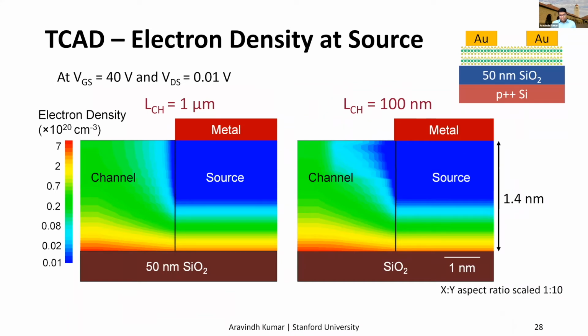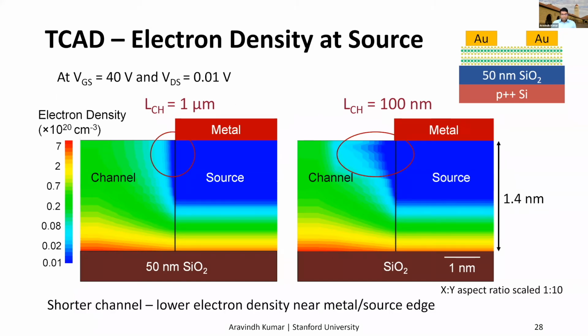But how does this affect the actual electron density in these transistors? We did a TCAD simulation of this structure, and we are plotting the electron density for two different channels, a long channel 1 micron case and a short channel 100 nanometer case. We see that the electron depletion is greater in the shorter channel and extends into the channel further.